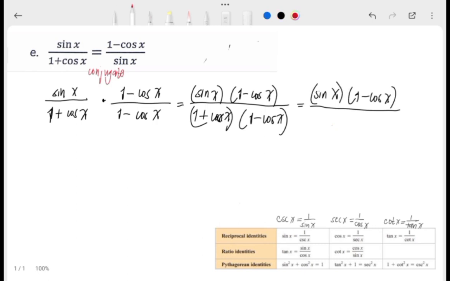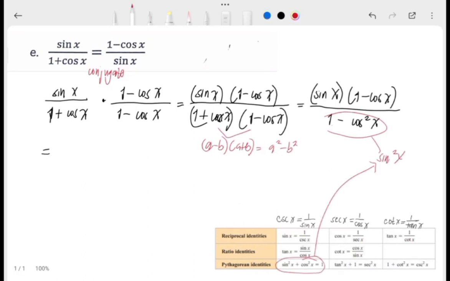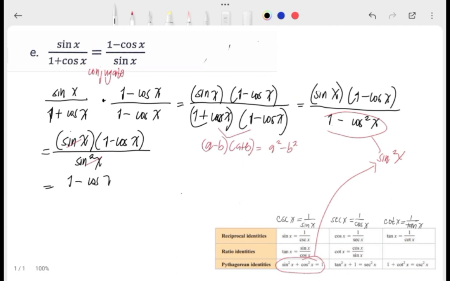In the denominator, to simplify the product, we use the difference of two squares: a minus b times quantity a plus b equals a squared minus b squared. 1 minus cosine squared x is sine squared x according to the Pythagorean identity. So we can cancel out the common factor sine x, and the final answer would be 1 minus cosine x over sine x. Then the identity is now verified.